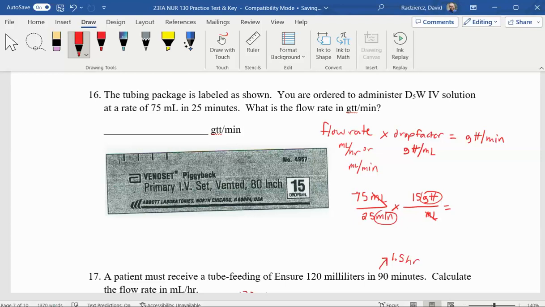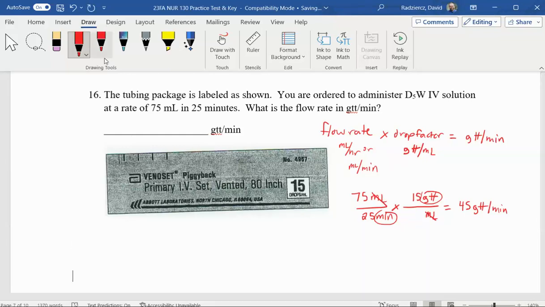Do my math, 75 times 15, divide by 25, and I should get 45 drops per minute. Good. And I'm seeing that that's what some of you are getting as well. Hopefully not just because you looked at the key. So to rule out the key approach, let me give you another example.